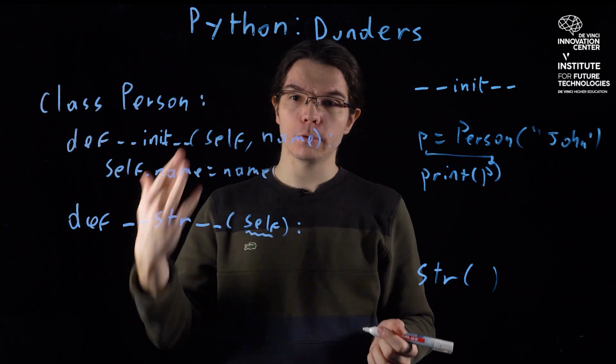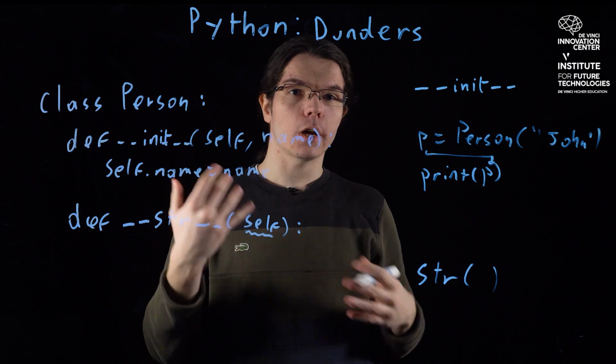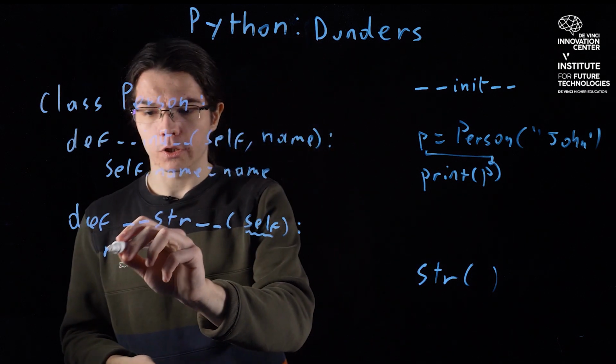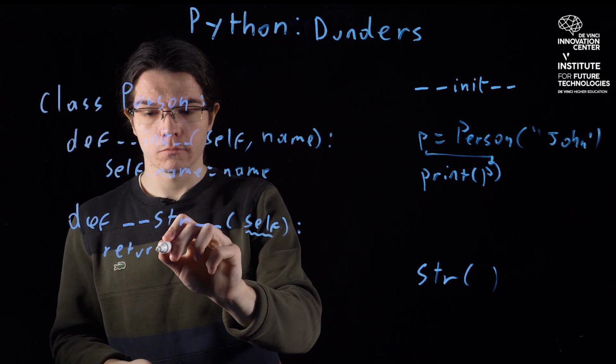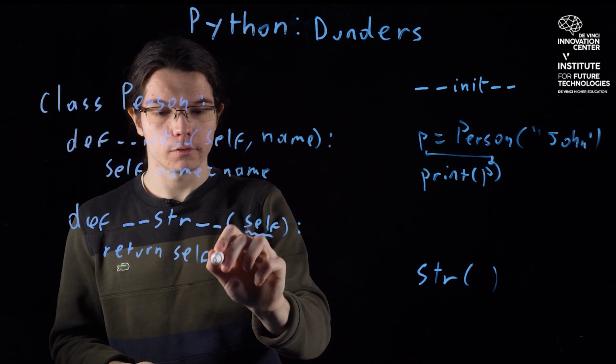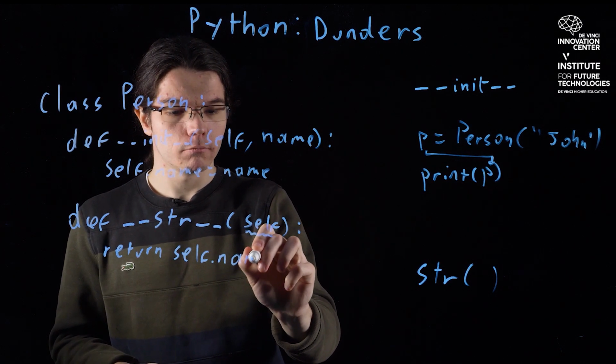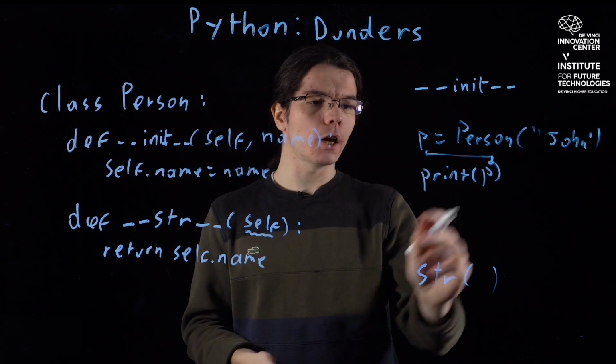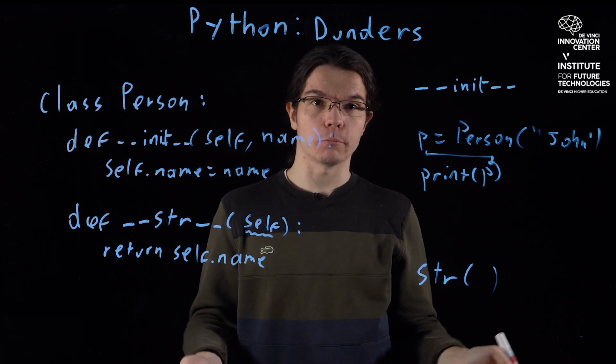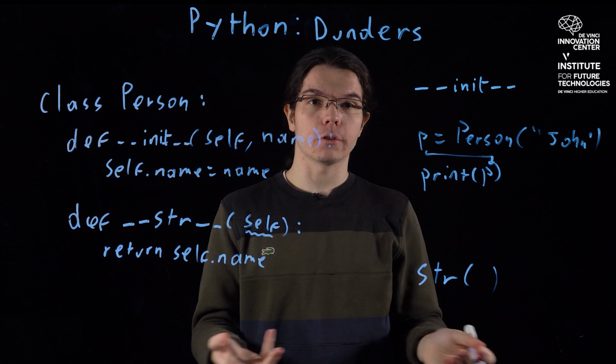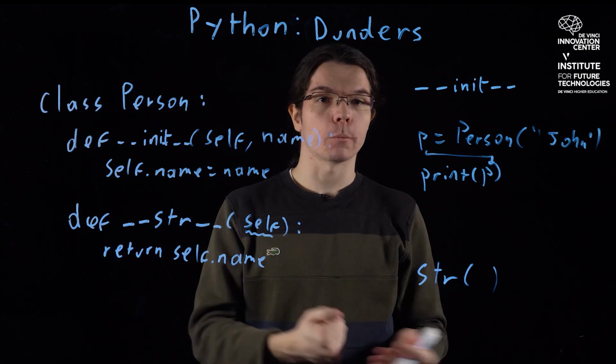And you can actually override this dunder function and make it return what you want. So we can return self.name. And now when we call print with p and person, we actually just print out the person's name.